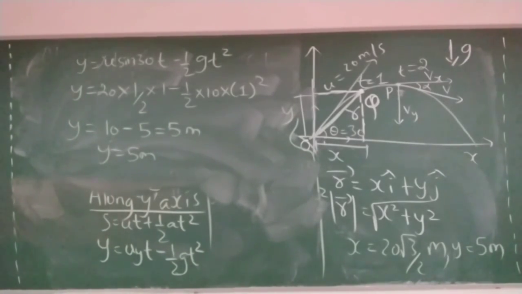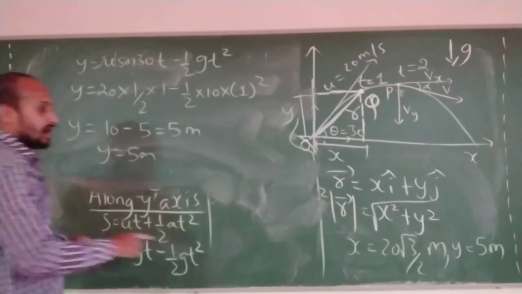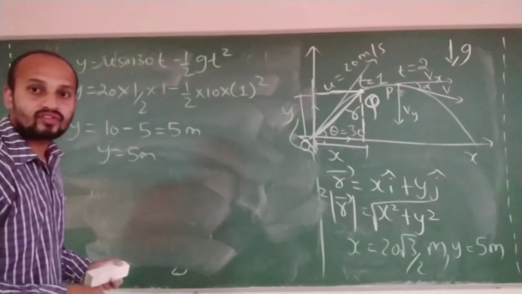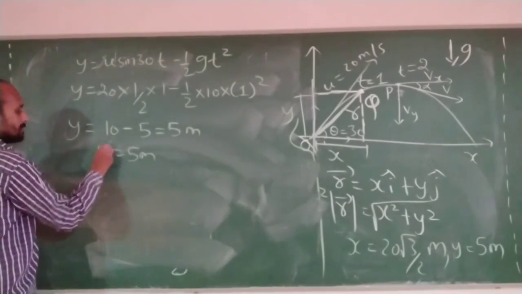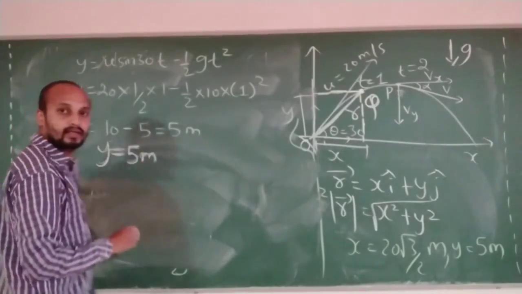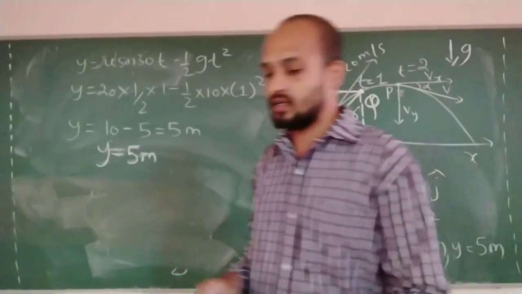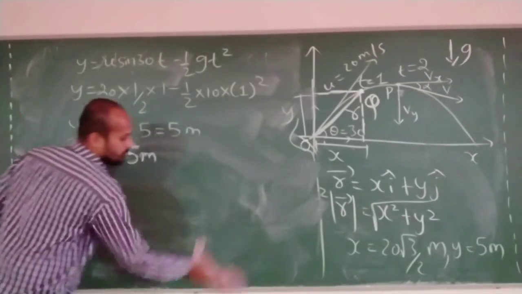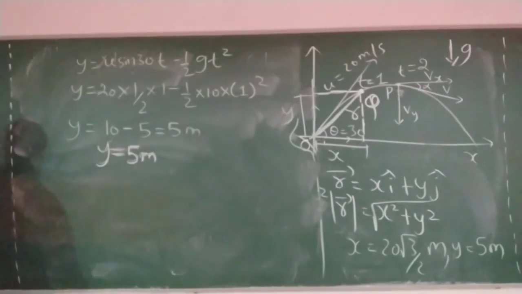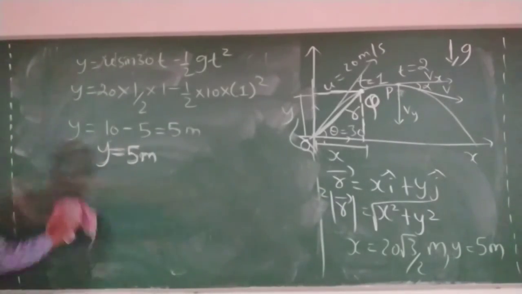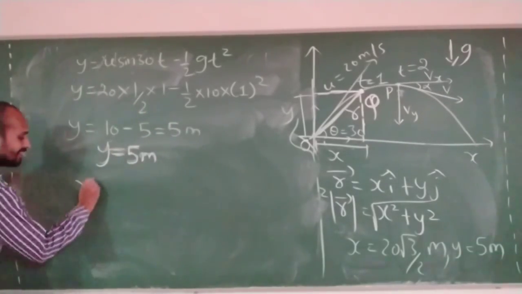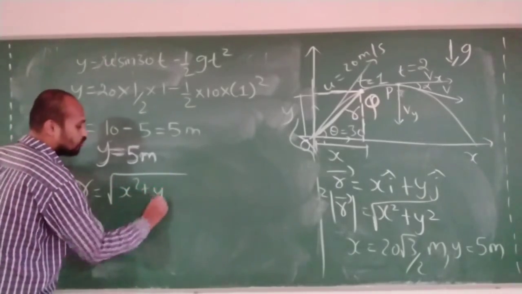So, what is the distance from the origin? R is equal to root of x square plus y square.